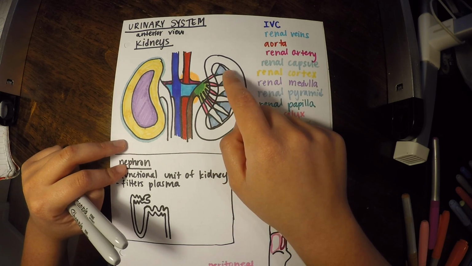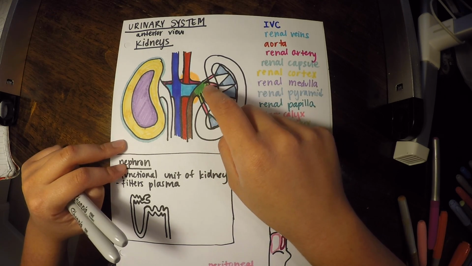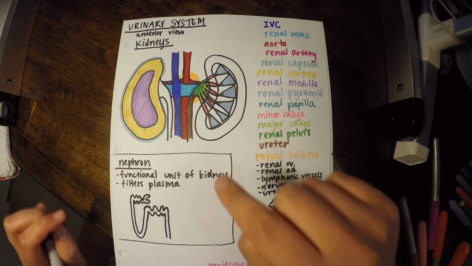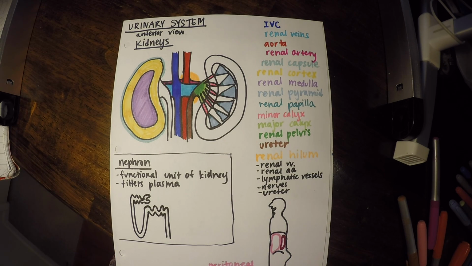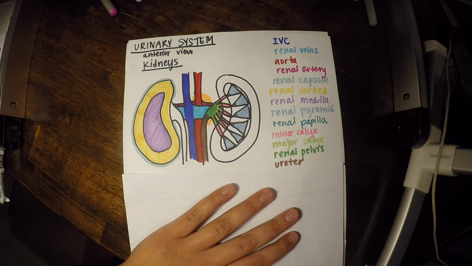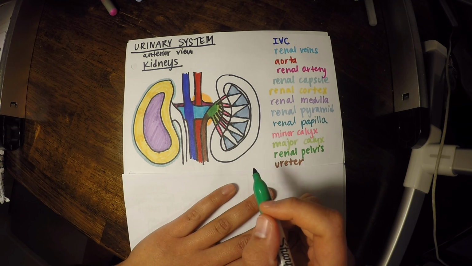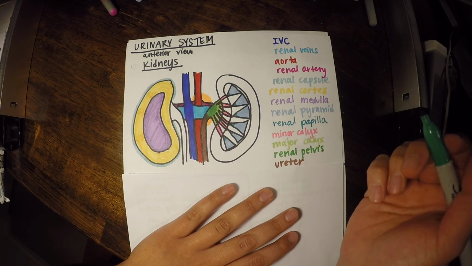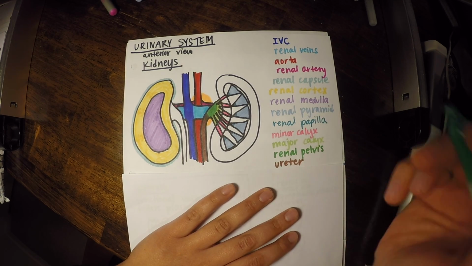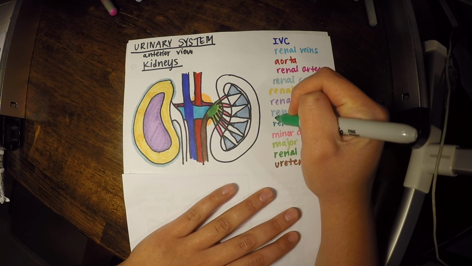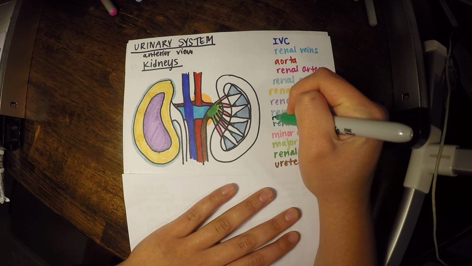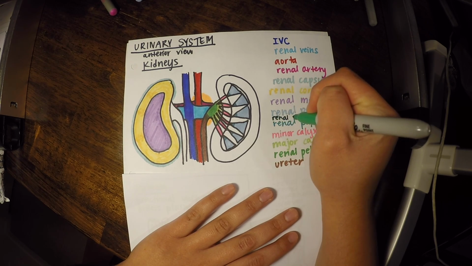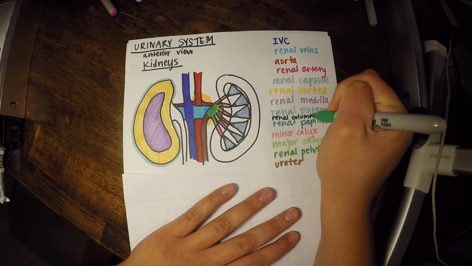So now that we have that pathway down in our minds, let's follow it as it makes its way down the ureter. We also have our renal columns, which are in between each pyramid and really just connect the pyramids. So let's add in renal columns.